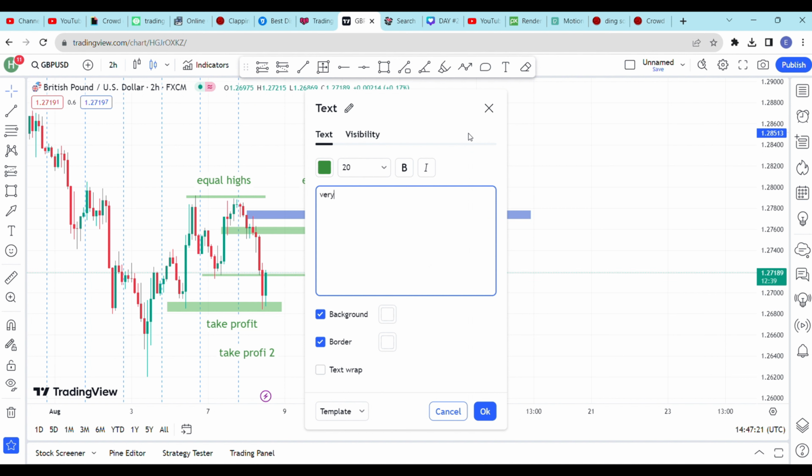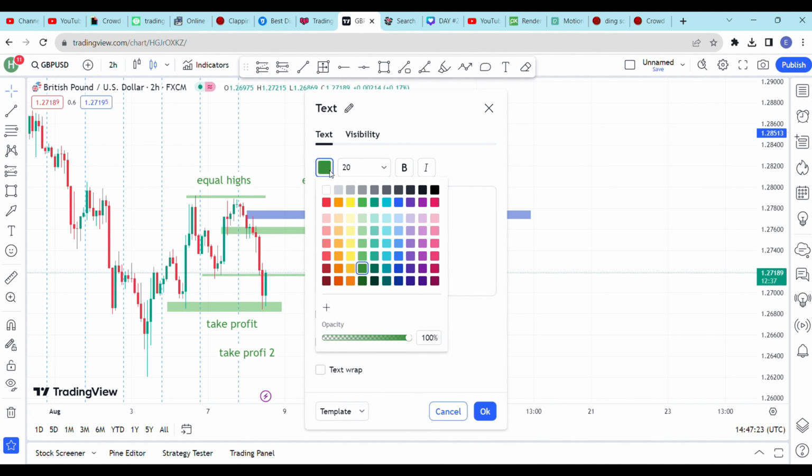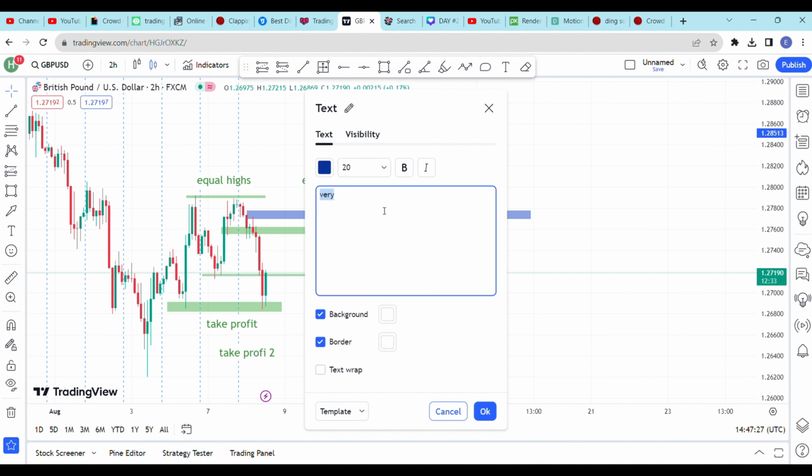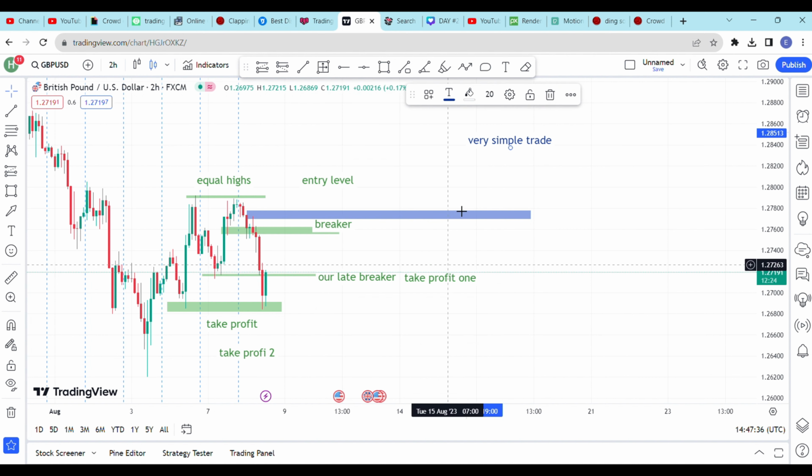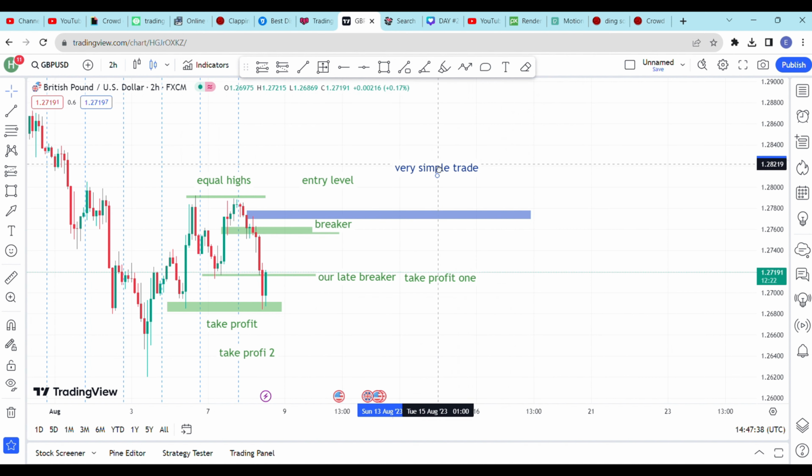For me, when price got to take profit one, I was satisfied with it. I just took my profit and I went free, because the thing is, price can get to take profit two, or price cannot get to take profit two.